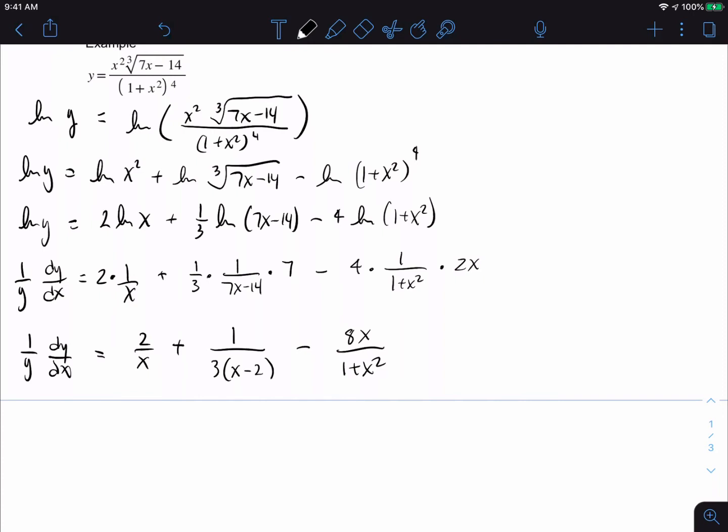Does everyone see what I did there? I factored out the 7 in the denominator. You see it? So that's why I got x minus 2. So it would cancel the other 7.